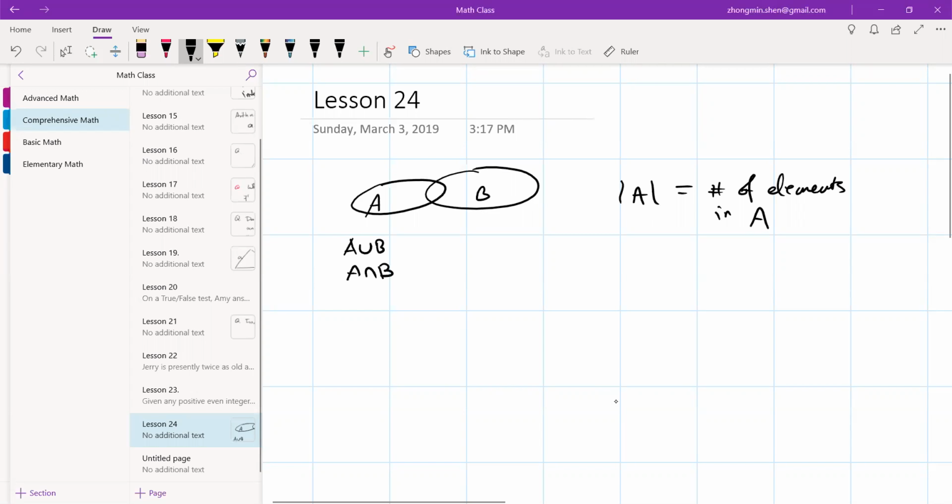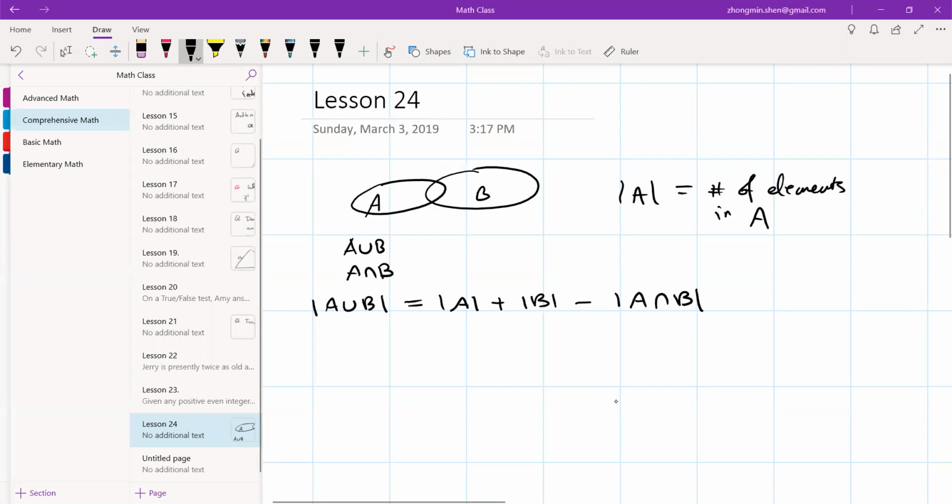Okay, so the formula says that the number of elements in the union of two sets is going to be the number of elements in set A and the number of elements in set B. But you have to subtract the elements in the intersection of the two sets.